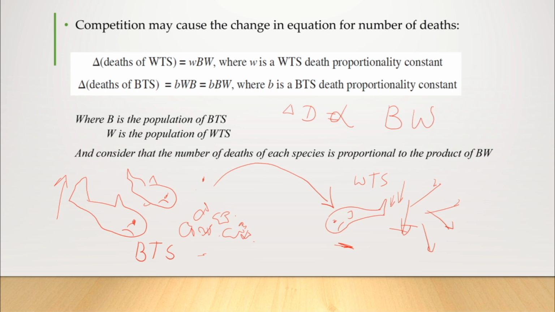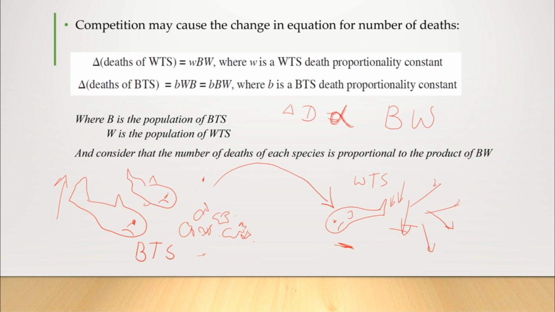What is B and W in here? We say the population of BTS is B, and the population of WTS is W. So it is written like this, and this is a proportionality.